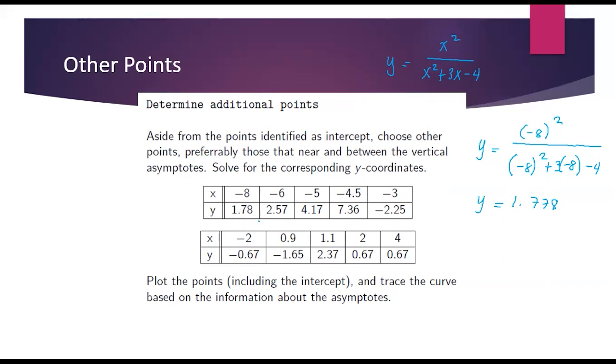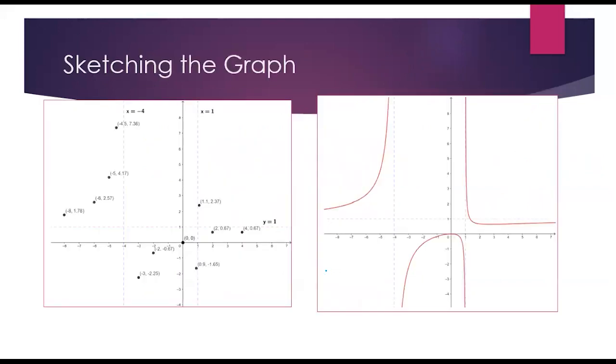Doing the same thing here, you will obtain values of y. We're going to plot this, including the intercept, and then trace the curve. So look at this one. We have your vertical asymptotes, x equals -4 and x equals 1, and then also your horizontal asymptote with the equation y equals 1.